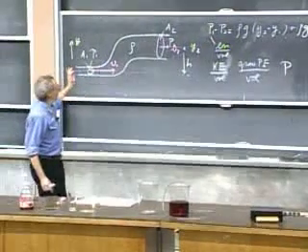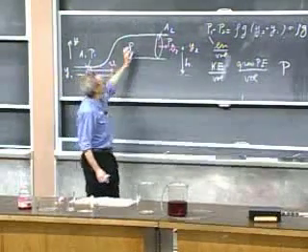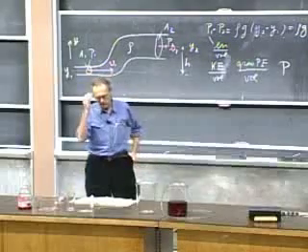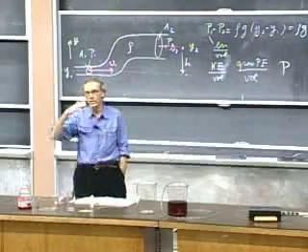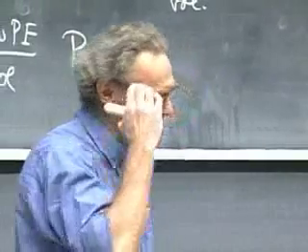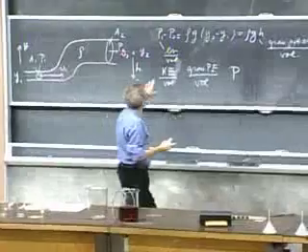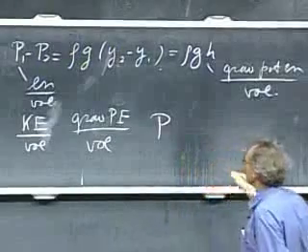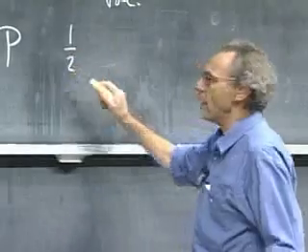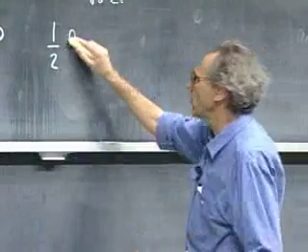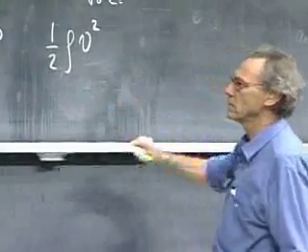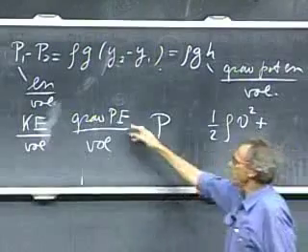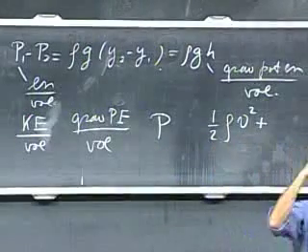When I take a fluid element and I move it from one position in the tube to another position, it trades speed for either height or for pressure. What is the kinetic energy per unit volume? Well, the kinetic energy is 1/2 mv squared. I divide by volume, I get 1/2 rho v squared. What is gravitational potential energy? That is mgy.